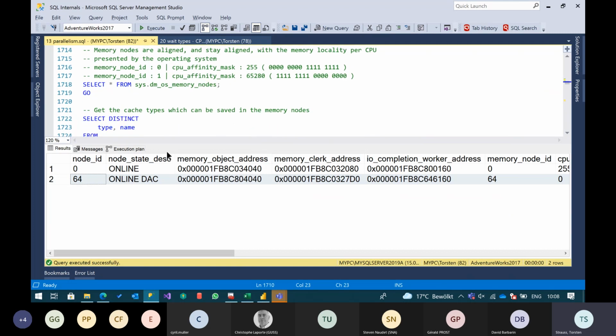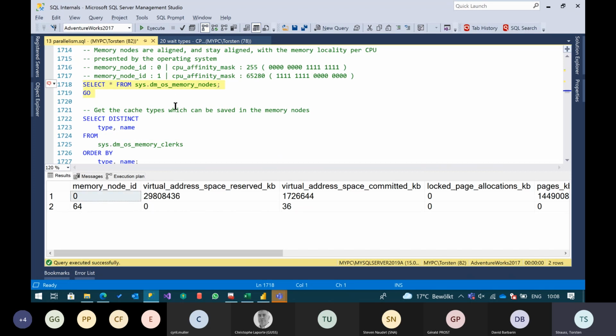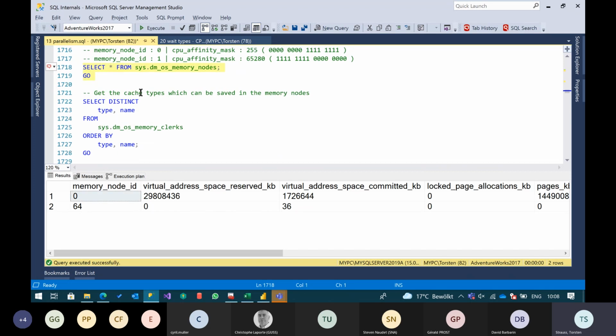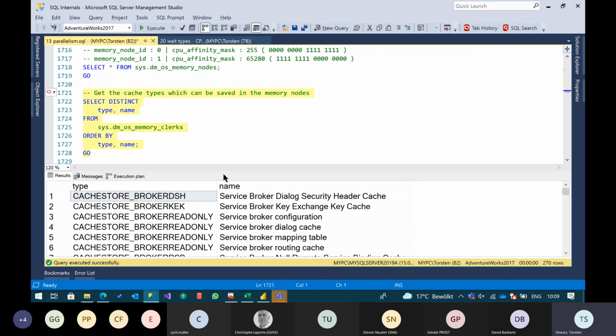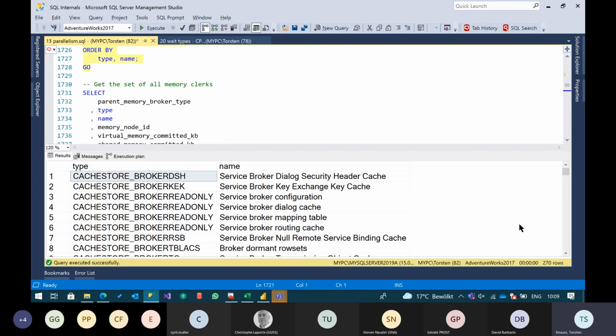Great. So there is also something which is related to NUMA, which is sys.dm_os_memory_nodes, and this is more important, sys.dm_os_memory_clerks. Let me execute this one. What you can see is we have 270 rows.